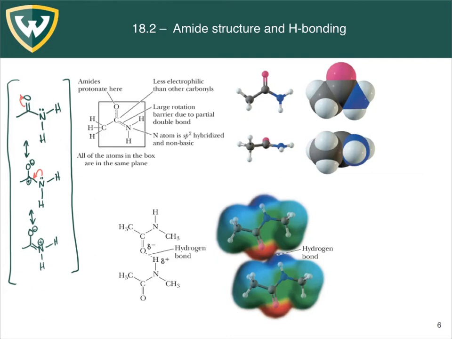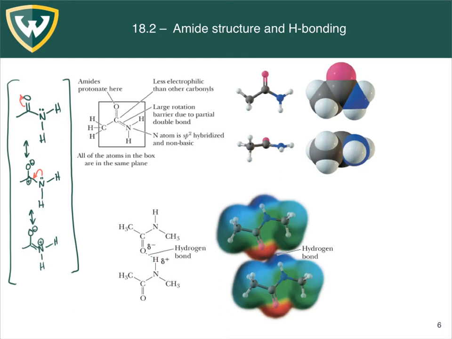Carbonyls of amides are really exceptional hydrogen bond acceptors, and the amide NH is a great hydrogen bond donor. Again, because the lone pair here is being shared so much with the adjacent carbon, that makes this nitrogen less electron rich than it otherwise would be. That contributes to the increased acidity here on these NHs, and that makes them more delta plus, making them a better hydrogen bond donor.